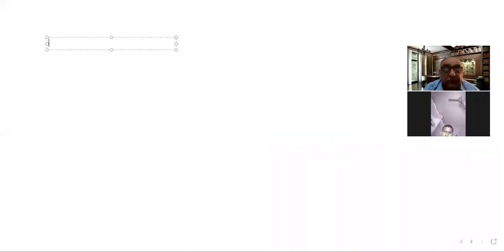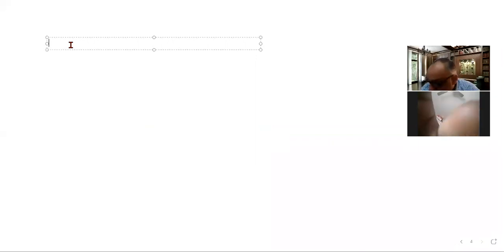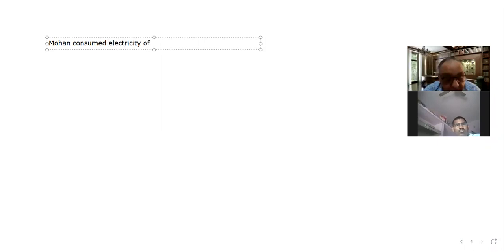But after that, the work which we will do will be a little difficult. Let's suppose the question is this: Mohan consumed electricity of rupees 6,000 in a month.